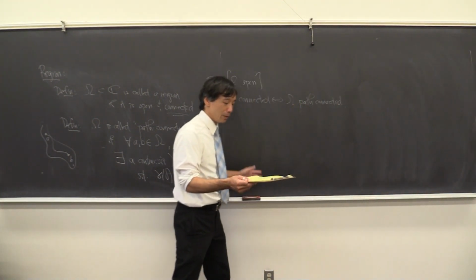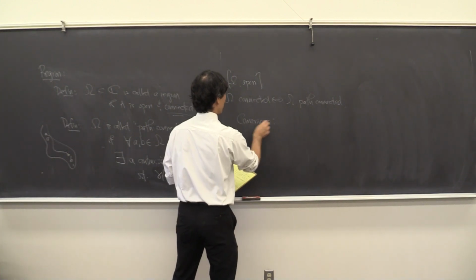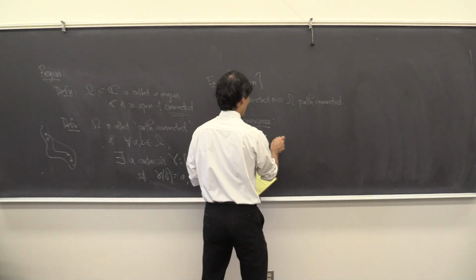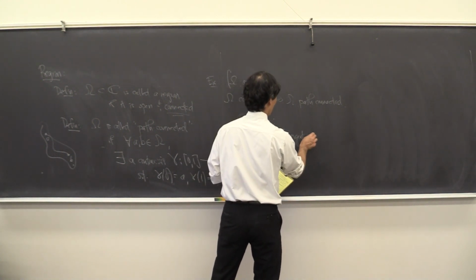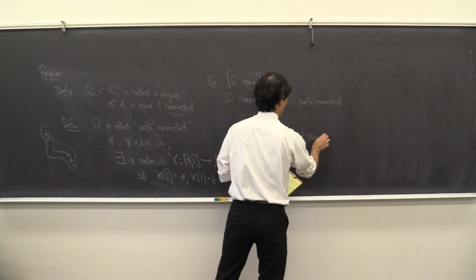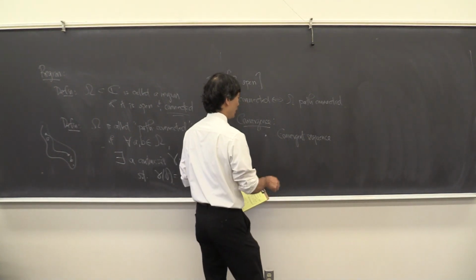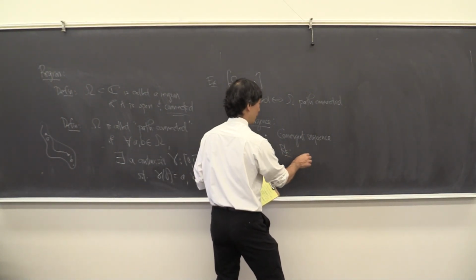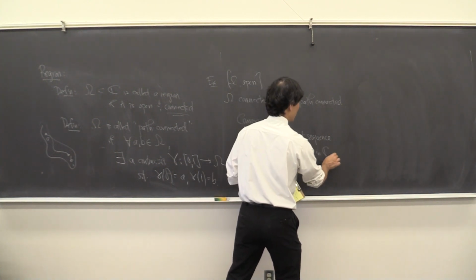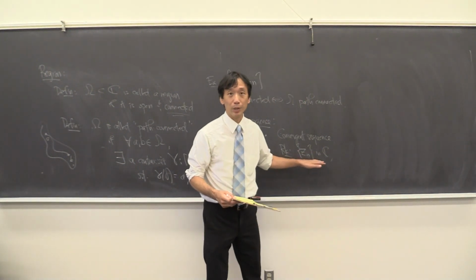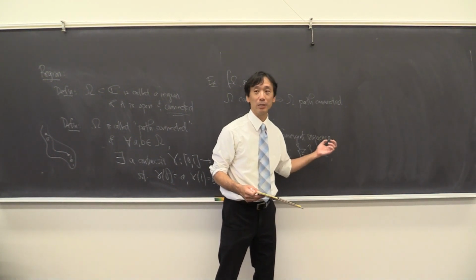Other terms that you should know are ideas of convergence. What does it mean for a sequence to be convergent? I won't insult you by asking you to tell me what it is. Let me just remark that if you've got a sequence of complex numbers, then the sequence converges if and only if its real parts converge and its imaginary parts converge.